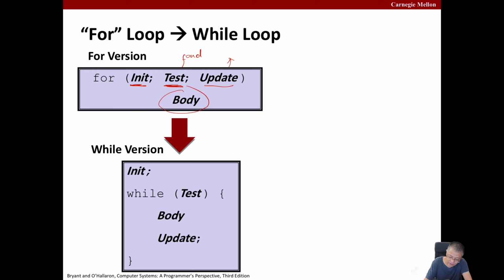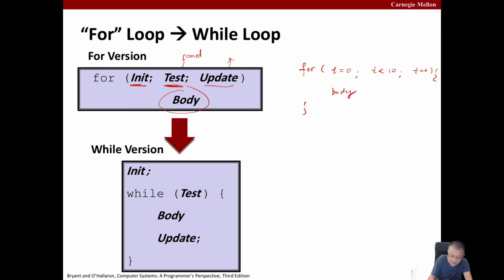We can say, for example, for i equal to 0, if i is less than 10, do i plus plus. This is a very simple for loop. It will run the body 10 times. To convert this, it will first be converted into the while version.